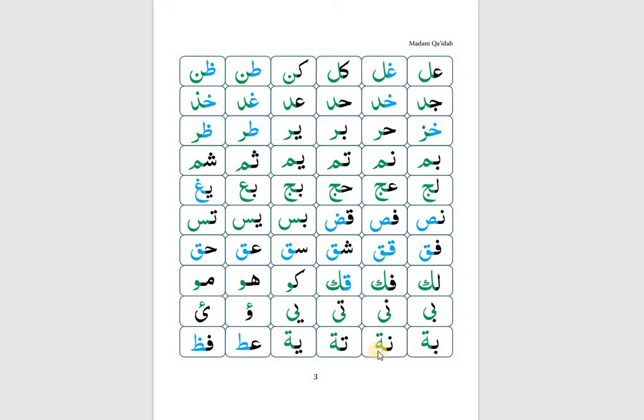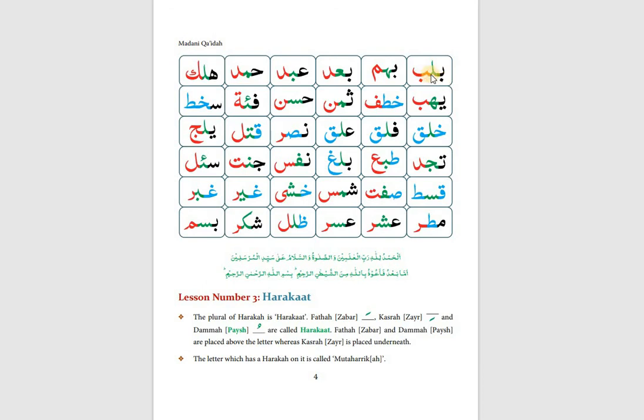Ba, ta, noon, ta, ta, ta, ya, ta, ain, wa, fa, ra, ba, lam, ba, ha, mim, ba, ain, dal, ain, ba, dal, ha, mim, dal, ha, lam, kaf, ya, ha, ba, kha, ta, fa.